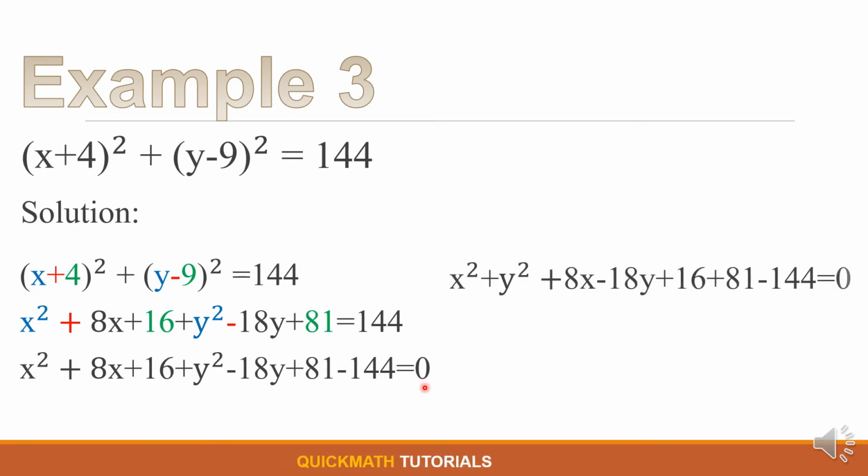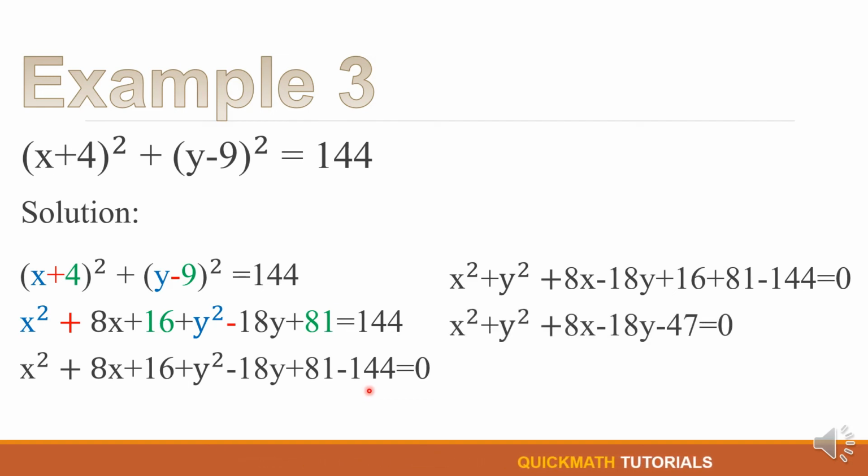Next is we will arrange this equation. So we have x squared plus y squared, then the 8x minus 18y, and then the constant we have 16 plus 81 minus 144. Then for our last step, we will simplify the constant. We have x squared plus y squared plus 8x minus 18y.